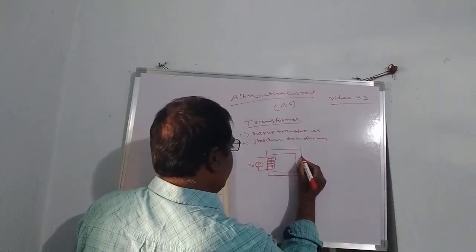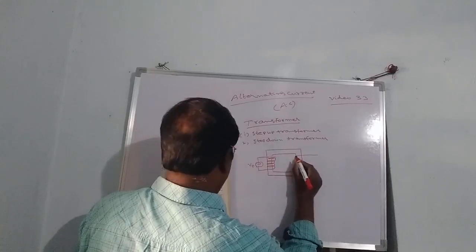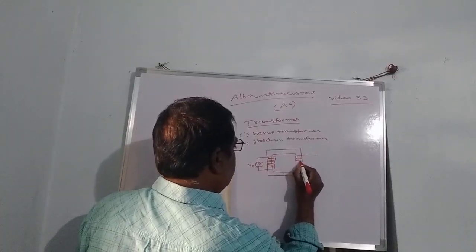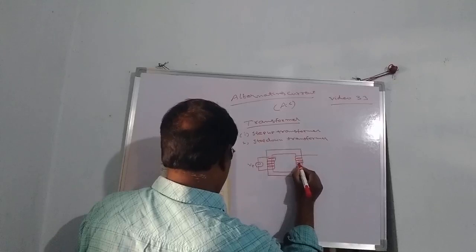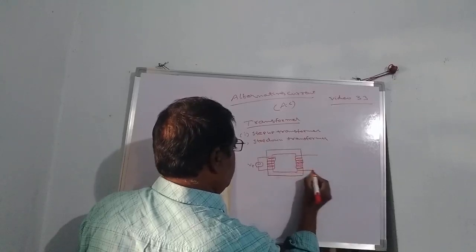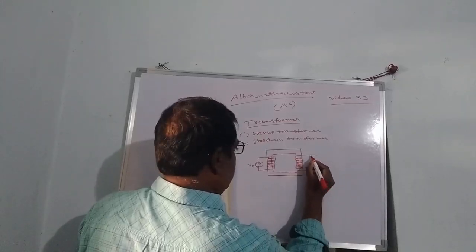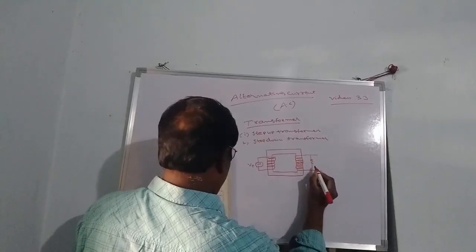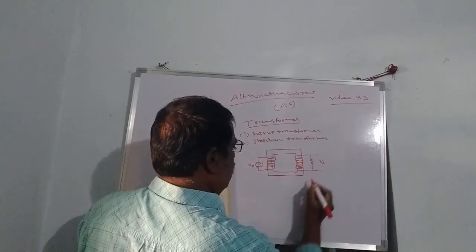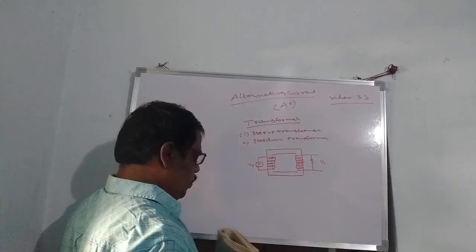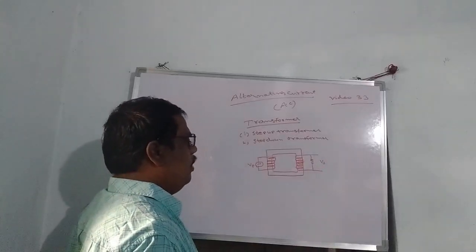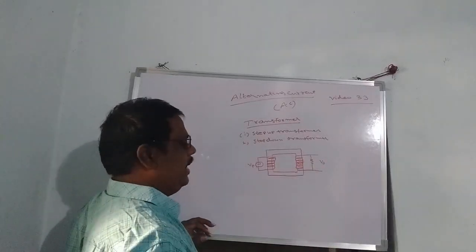The right side also contains one more coil like this. So it consists of two coils and a core. The primary coil and the secondary coil.